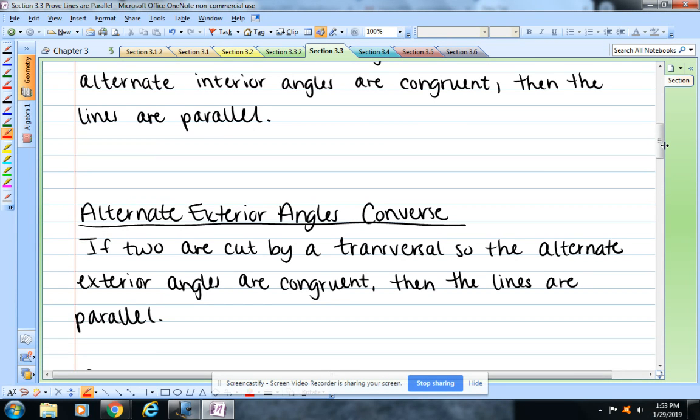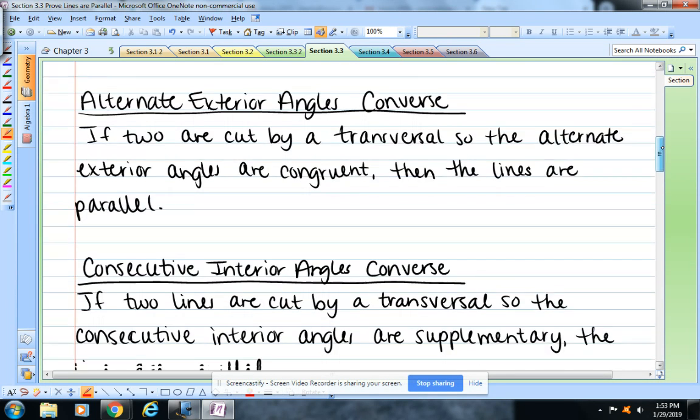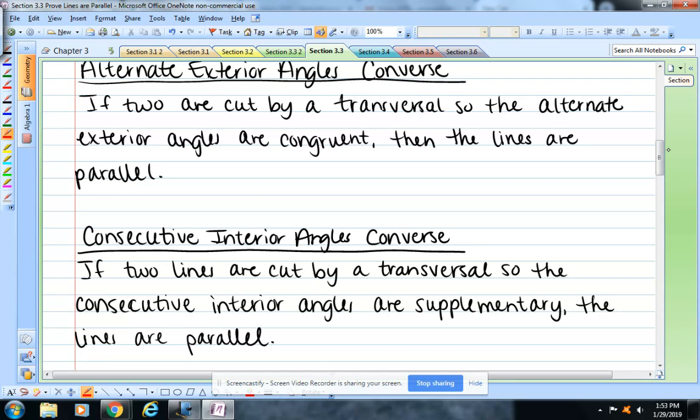All right, so the next one is consecutive interior angles. Are consecutive interior angles congruent? No, they're supplementary. So if two lines are cut by a transversal so that consecutive interior angles are supplementary, then the lines are parallel.